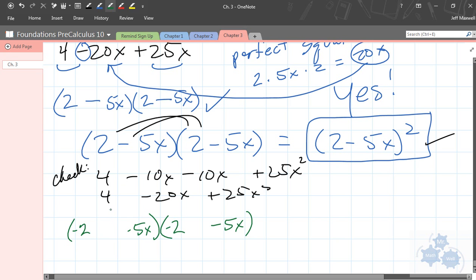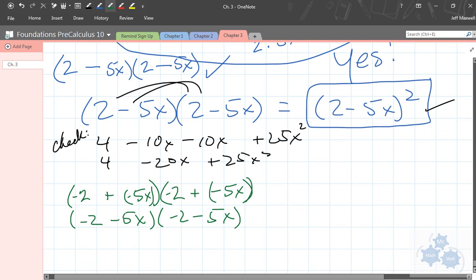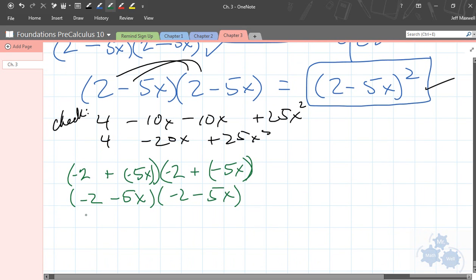Okay, let's just finish this one. So if you did this, if you said, hey, negative times a negative could be a positive, and negative times negative could be a positive, that would be the same as negative 2 minus 5x, right, times itself. So you could say, hey, that could be true. So let's try it. If you do a quick FOIL, then you get positive 4, right?